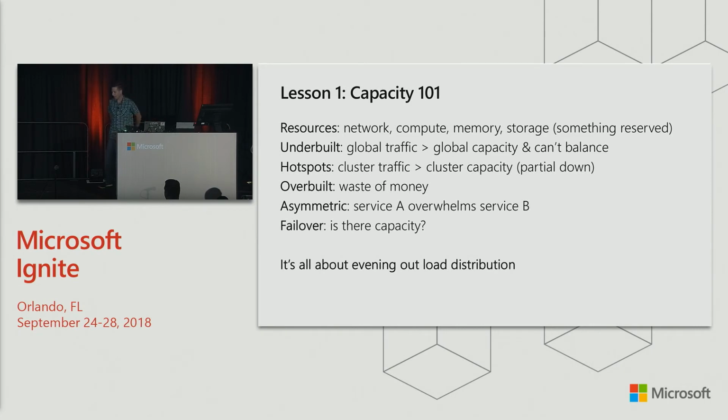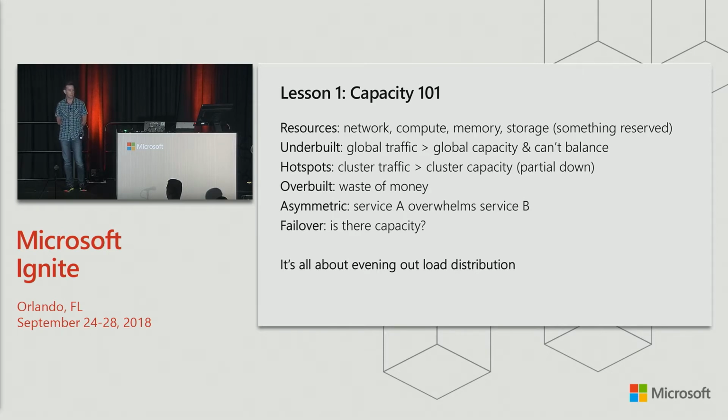The first lesson we've learned over time is around capacity. Capacity can be anything from networking, compute, blob storage, to memory. Managing resources on a large-scale service is essentially one of the first things you have to figure out. If you're brand new to building a service, you probably run into the first problem of running out of capacity and things going down.